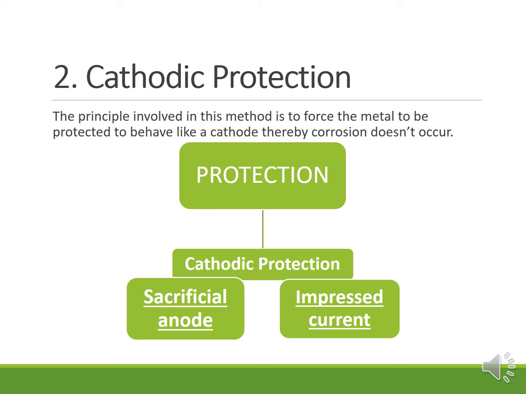How is that possible? By using two techniques: a sacrificial anode and an impressed current. In cathodic protection, the base metal to be protected is forced to behave like a cathode and is protected from corrosion.